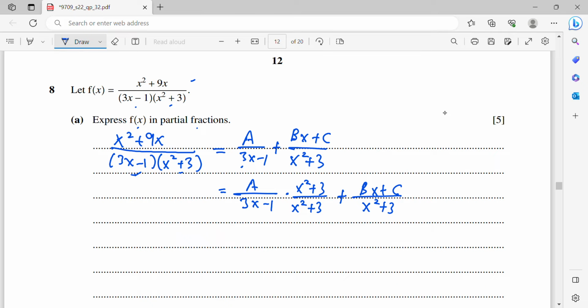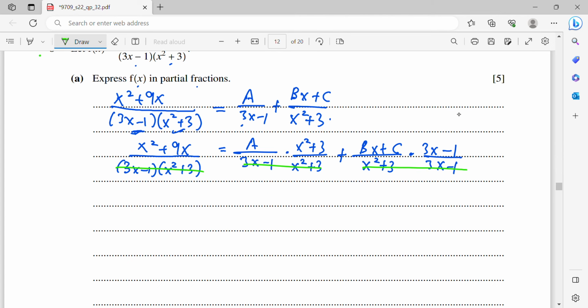Now you have a quadratic factor, which means you need to multiply by the linear factor, so 3x minus 1. Now, I will rewrite my left-hand side. Once you are at this step, the next step is to cancel off all the denominators because they are the same. So now I will just refer to all my numerators.